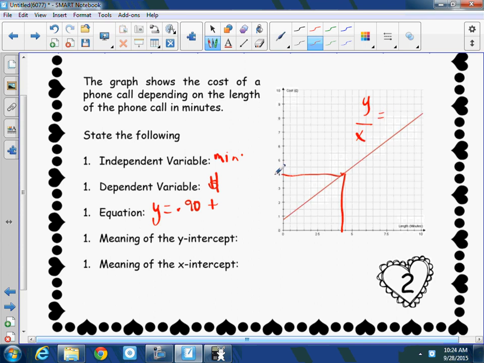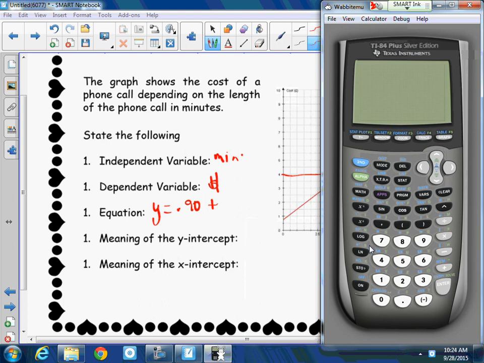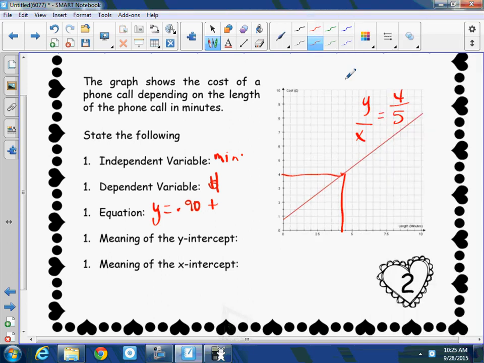The y is 4 divided by 5. And then come to your calculator and say 4 divided by 5.8. You can change it to a decimal if you want to.